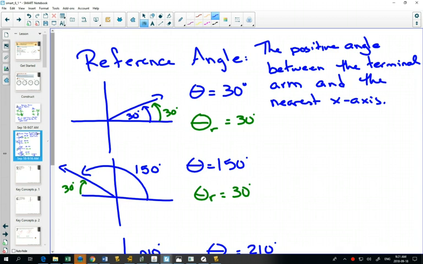Another thing of review: why are reference angles important? What do they tell us? How are they related to trigonometry? Well, if I were to do sine of 30 degrees, cos of 30 degrees, and tan of 30 degrees and get values here, I'll go to my calculator, make sure your calculator's on degrees.